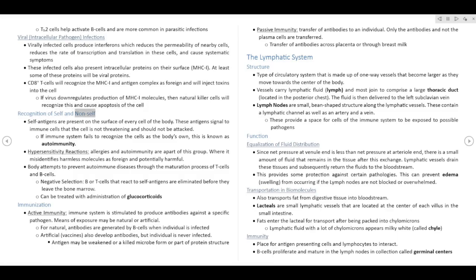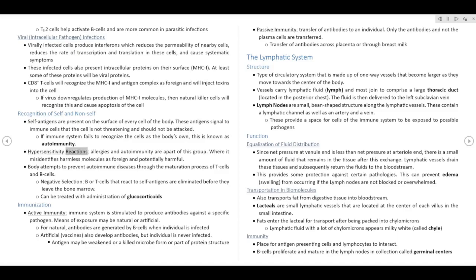Recognition of self and non-self. Self-antigens are present on the surface of every cell of the body. These antigens signal to immune cells that the cell is not threatening and should not be attacked. If the immune system fails to recognize the cells as the body's own, this is known as autoimmunity.